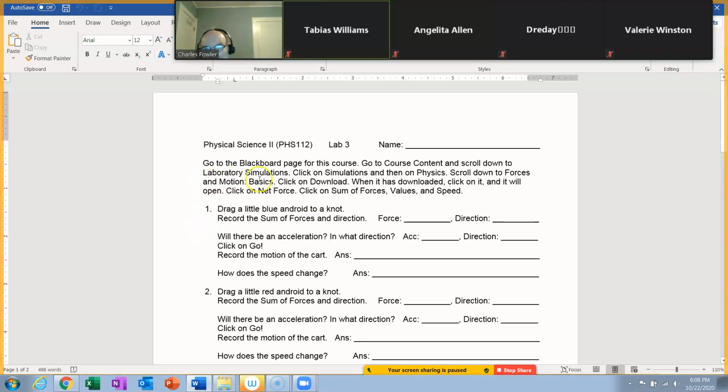It says go to Blackboard page for this course. Yes. Go to course content. That's where we were. Now here I was doing a different form this summer. All you had to do was scroll down to laboratory simulations and open them. That's all you had to do last summer.